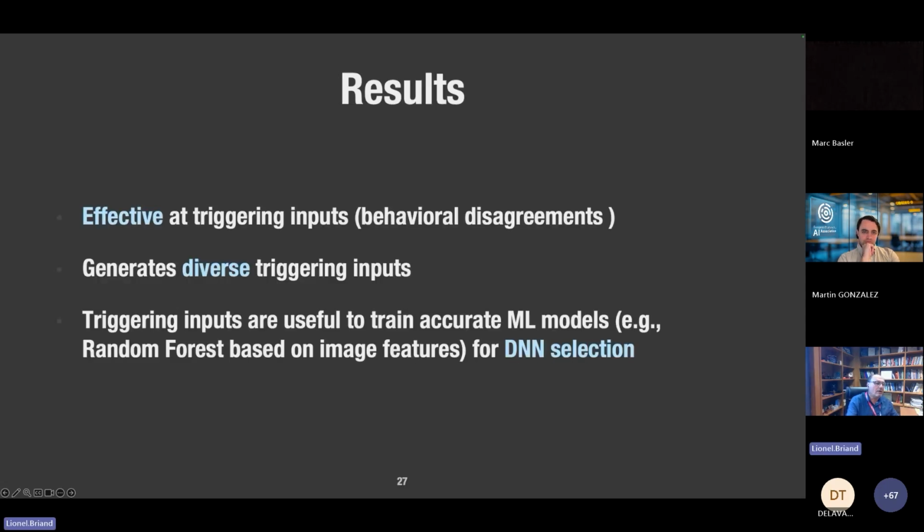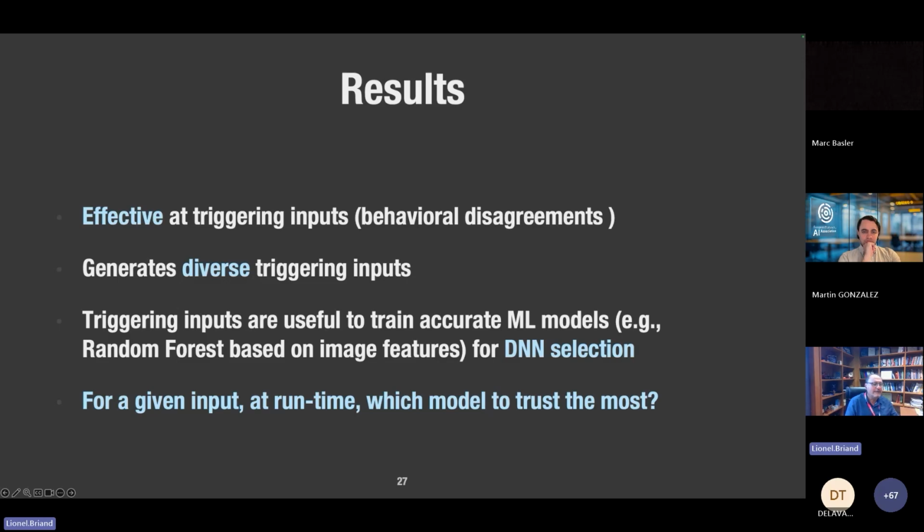We evaluated it very rigorously on a number of DNNs, and we were able to determine that using the set of triggering inputs we had identified, we could train a very accurate machine learning model, such as a simple random forest model based on image features, to predict which DNN was more accurate under which conditions. Therefore, that random forest prediction could be used at runtime to decide which DNN output to trust for a given input.